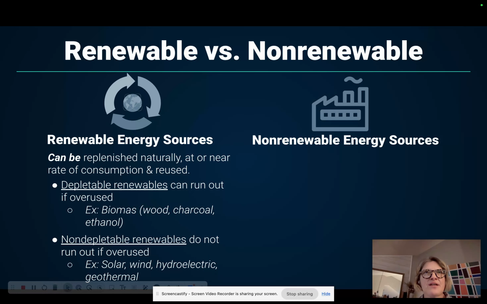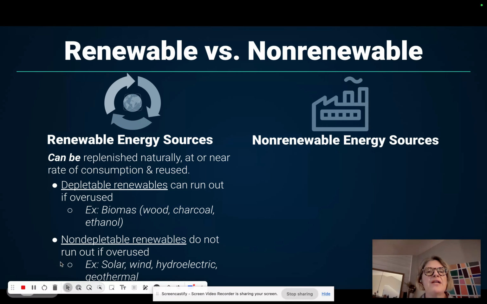I think of things like wood, so trees. If we cut down too many trees, then we're going to run out of them. And so, that is a depletable renewable resource. Charcoal is another example, and ethanol. All right, so those are all examples of depletable renewable resources.